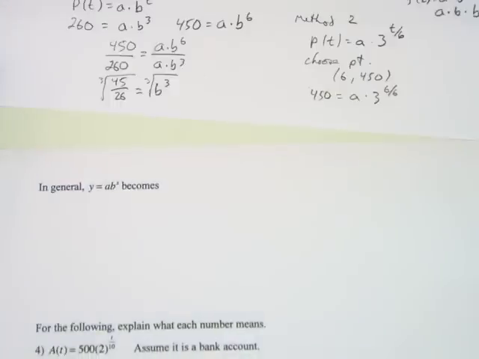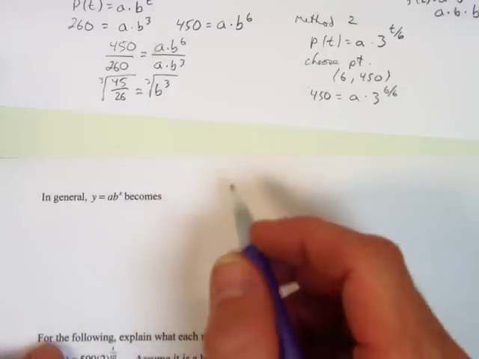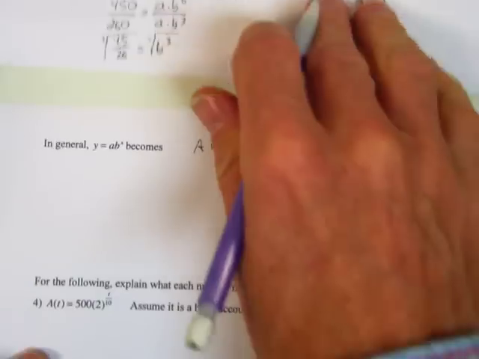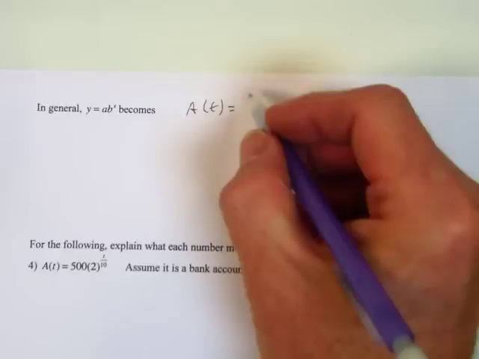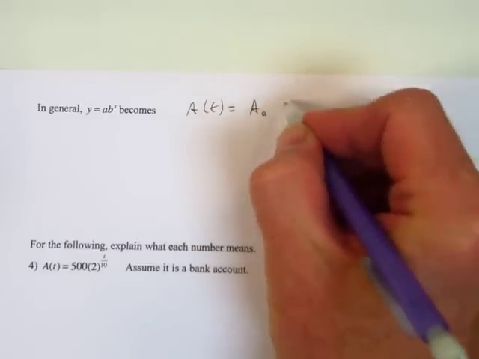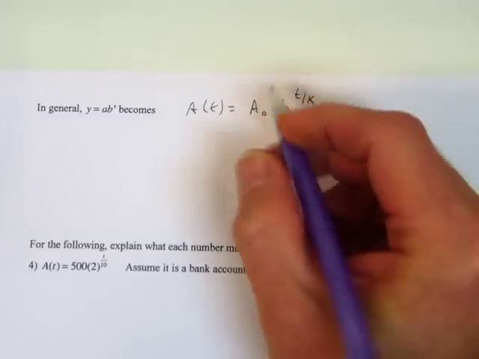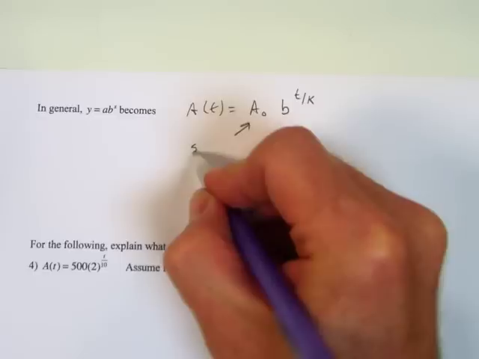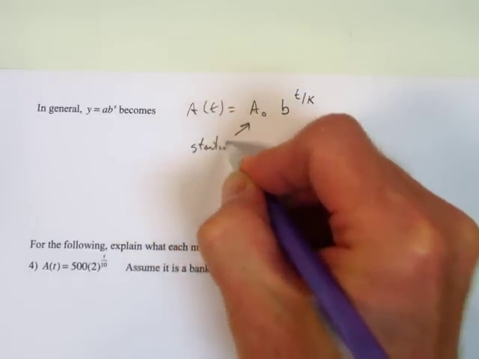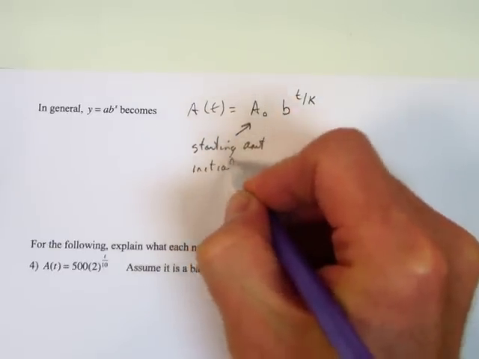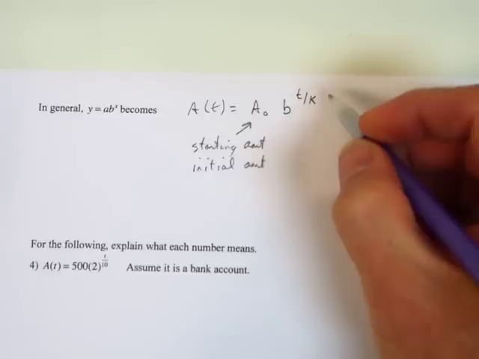In general, when we take a look at this, we have this equation, y equals a times b to the x, becomes A of t equals a sub 0 times b to the t divided by k. Now what do all of these things stand for? A sub 0 is our starting amount, or our initial amount, whichever one you want to say.